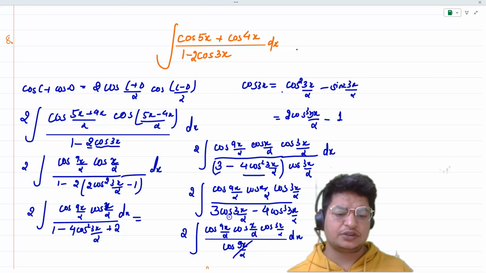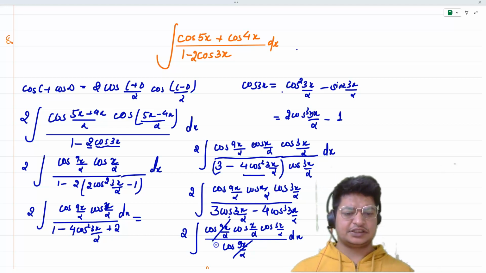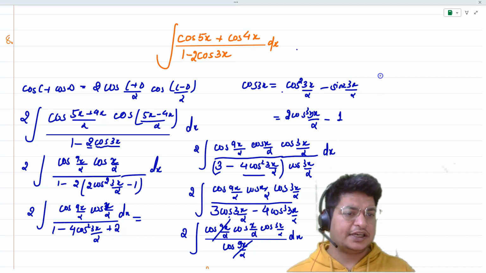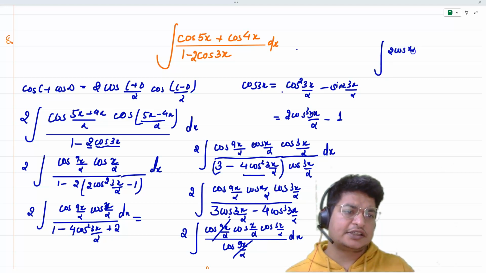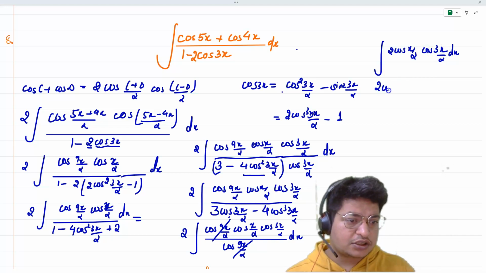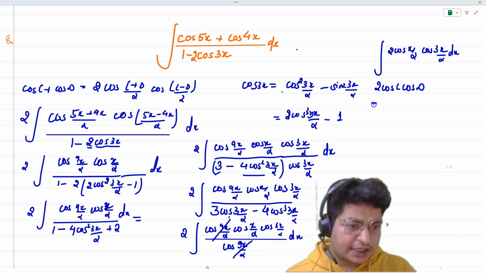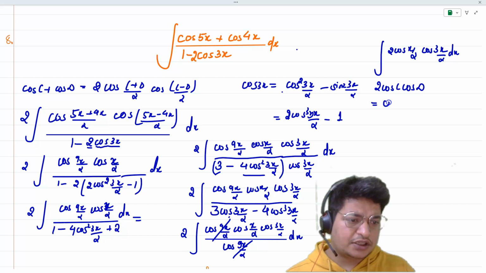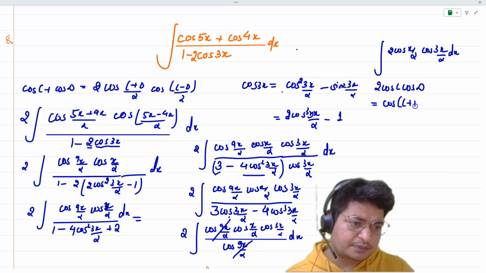So 9x by 2 and 9x by 2 will cancel each other, and you will get the integration in this form: 2 cos x by 2 and cos of 3x by 2. Now if you get this, we can apply the formula for 2 cos C cos D. If I write 2 cos C cos D, I can write cos of (C plus D).